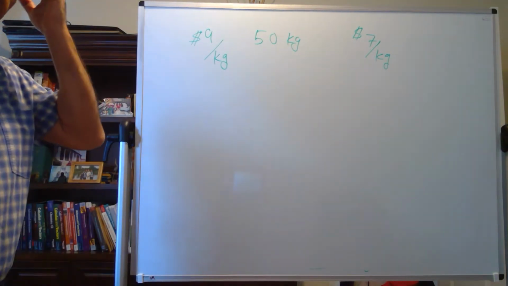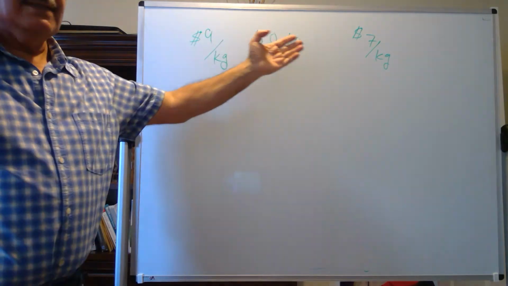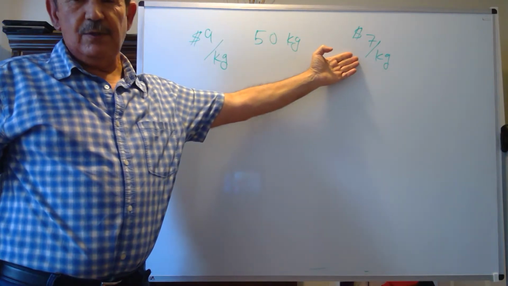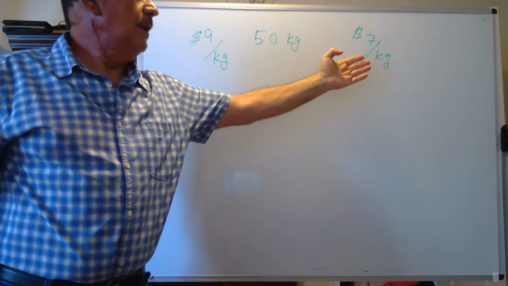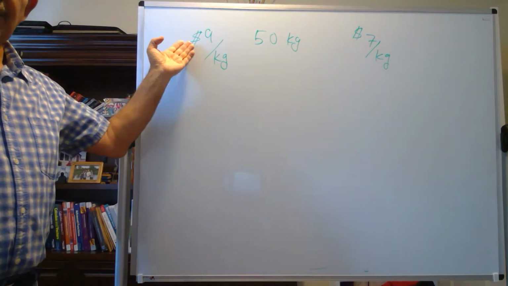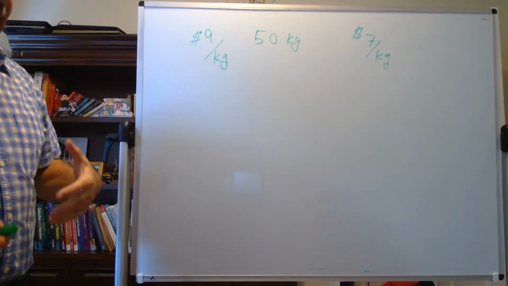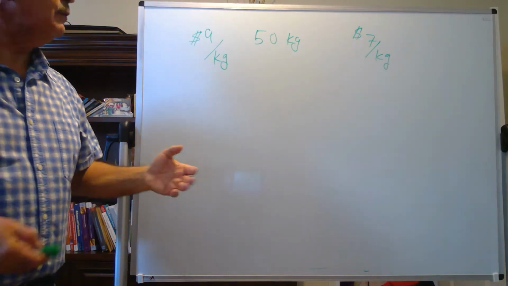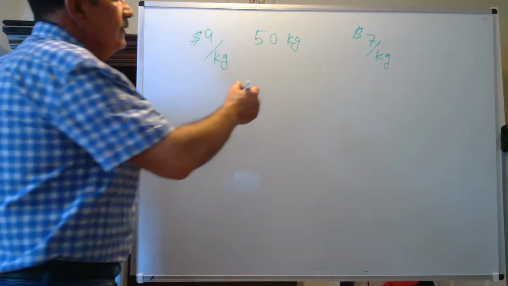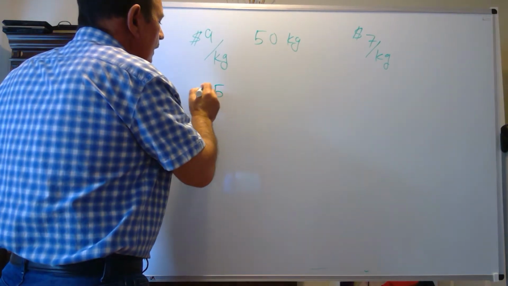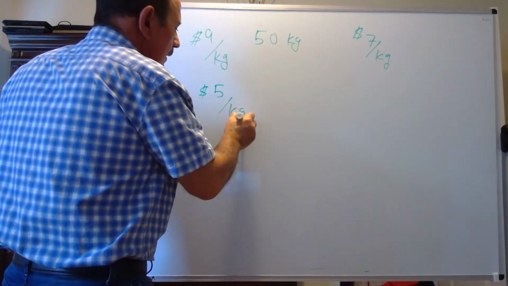Because my price is more than the store beside my store, I want to decrease my price. I will go and buy another type of the same nuts, but with lower quality, which is priced at $5 per kilogram.